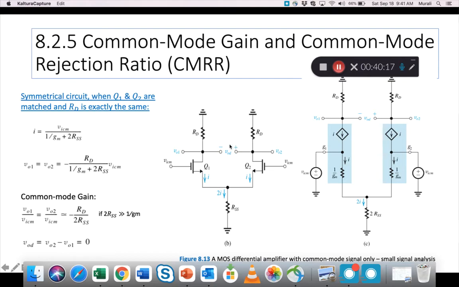Now if you're taking it differentially, this is 0. Okay? We are only concerned when we are taking it single-endedly from here or here. This is when Q1 and Q2 and RD are exactly the same.